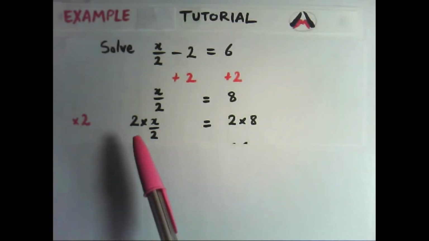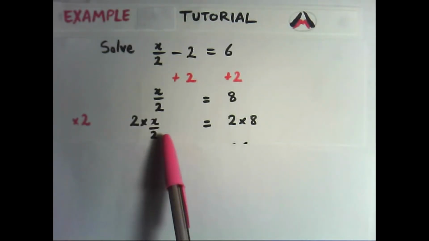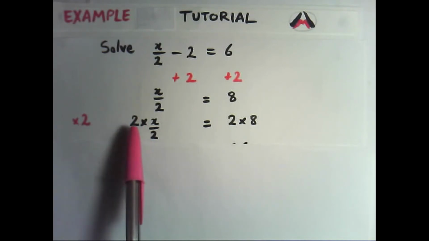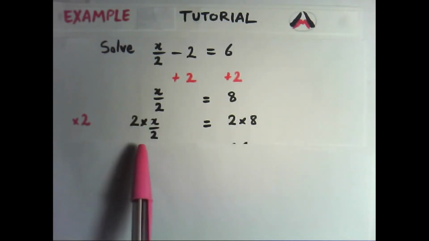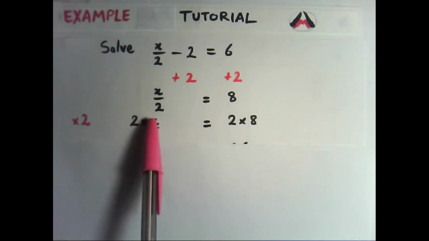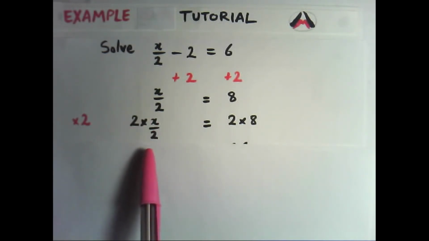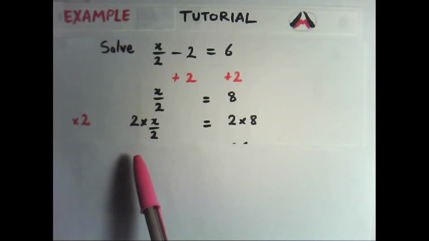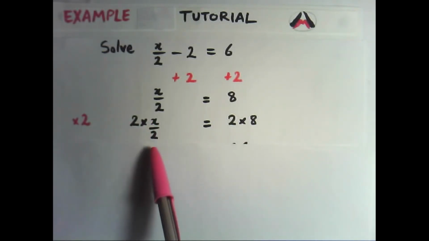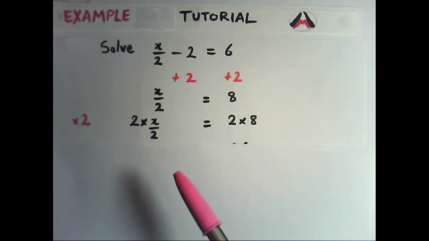Now, when we multiply the left-hand side by 2, we get 2 times x over 2. This is a bit like saying we have 2x all over 2. And if we do have that situation, 2x divided by 2, well, 2 divided by 2 is just equal to 1.